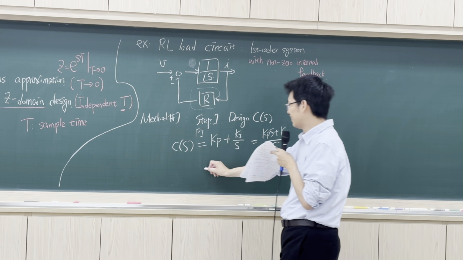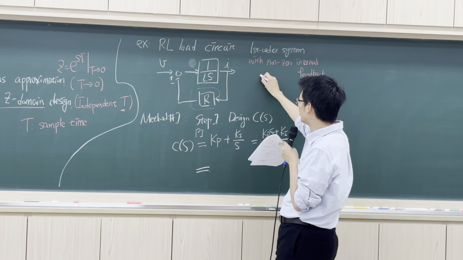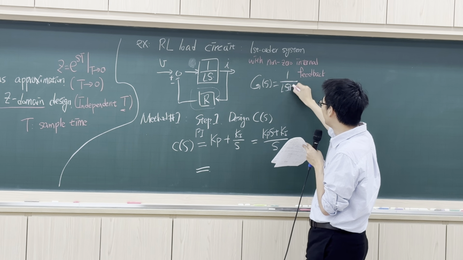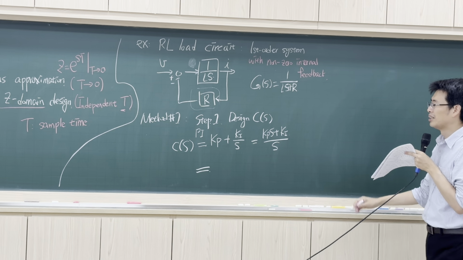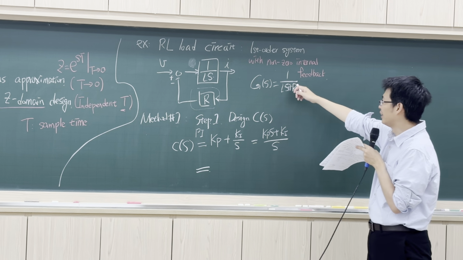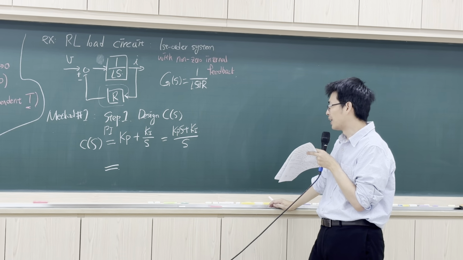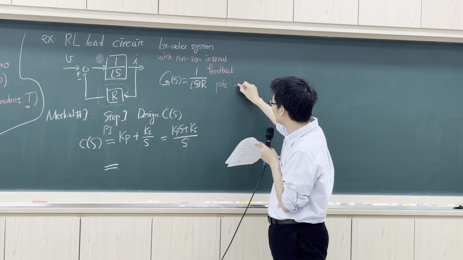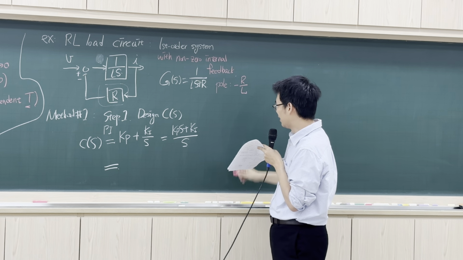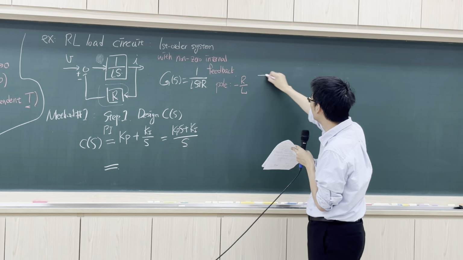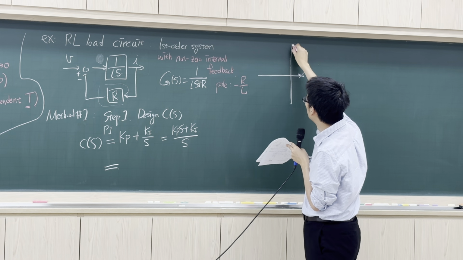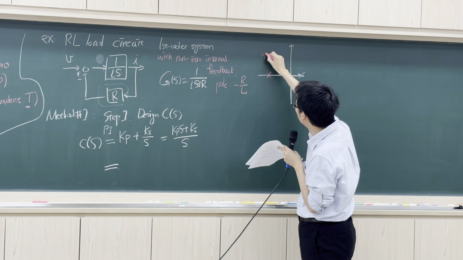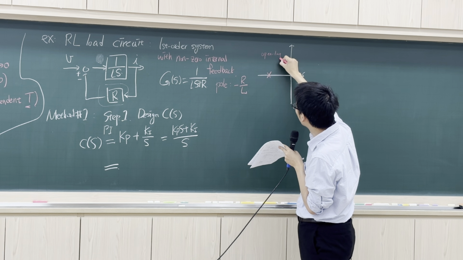And for this controller, the overall transfer function based on Mason's principle is related to 1 over LS plus R. So it has the pole related to minus R over L. From Lucas. This is an open loop pole location.